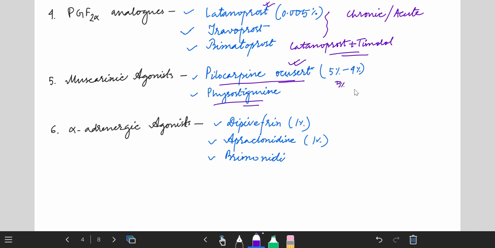Now you need to be clear about 5% of pilocarpine used for chronic simple glaucoma and near about 2% of pilocarpine used for acute congestive glaucoma.